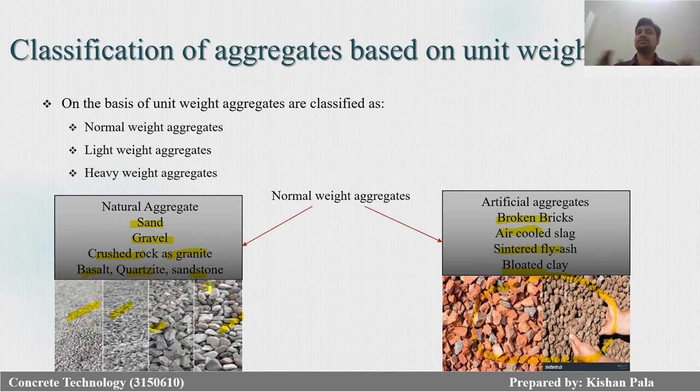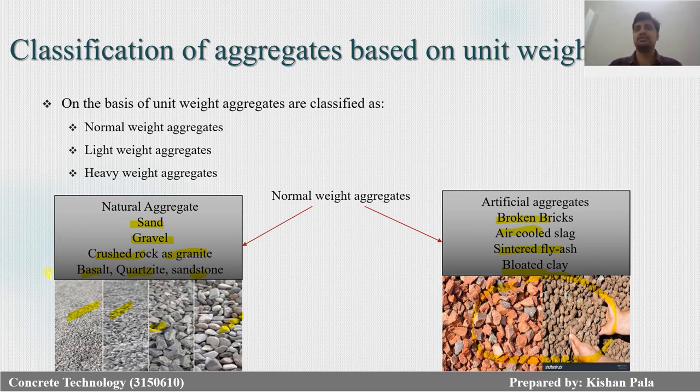So this is the classification for normal weight aggregate. The main classification is normal weight aggregate, lightweight aggregate, and heavyweight aggregate. In the normal aggregate, you can classify natural aggregate and artificial aggregate.